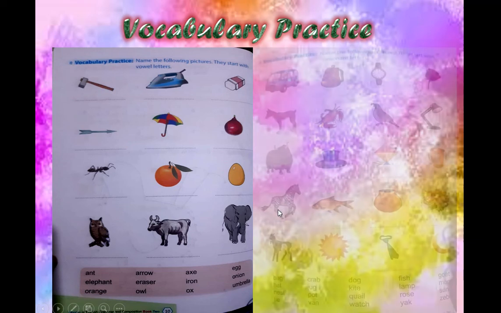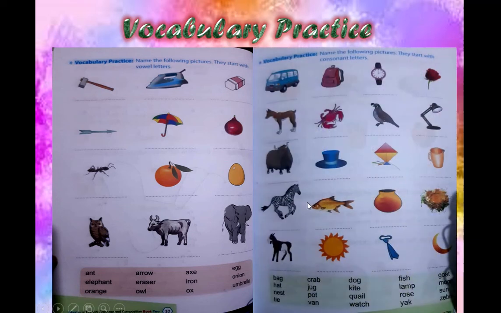Now we have another page and here are the words and you can see the pictures. You have to name the pictures and you can pick out the names from the box and all these pictures start with consonant letters. Okay, you know the consonants now. 21 consonants we have, so all these pictures start with consonants.